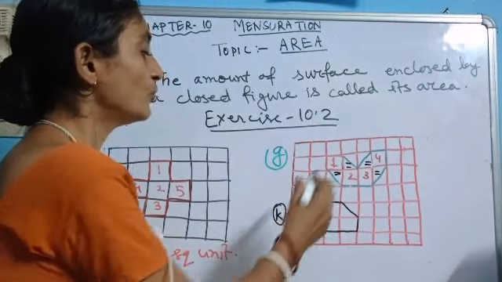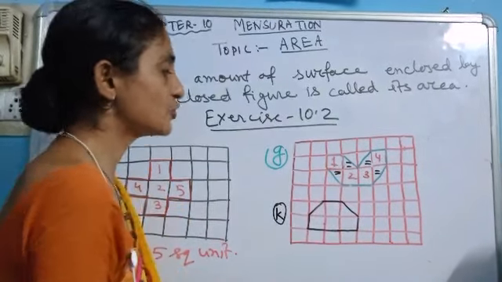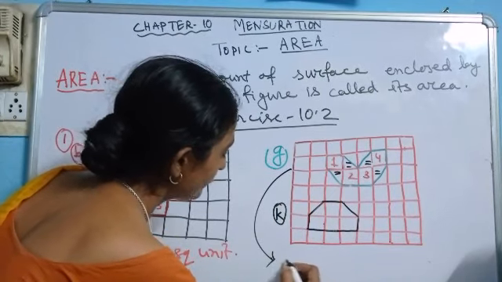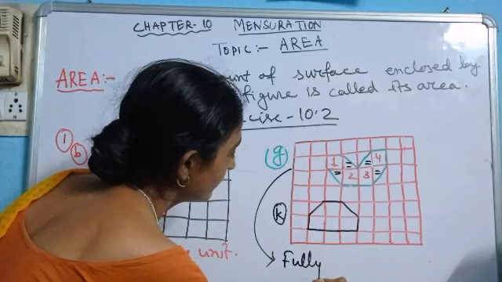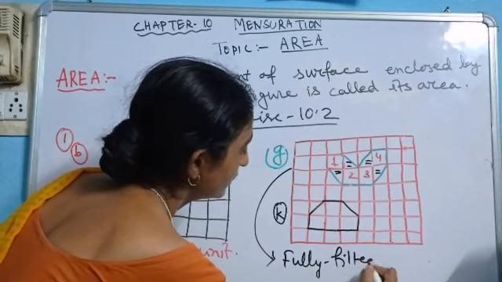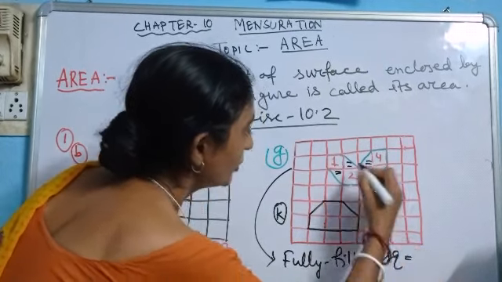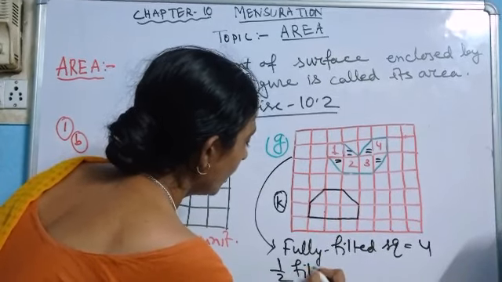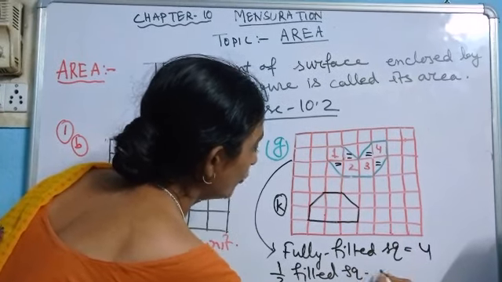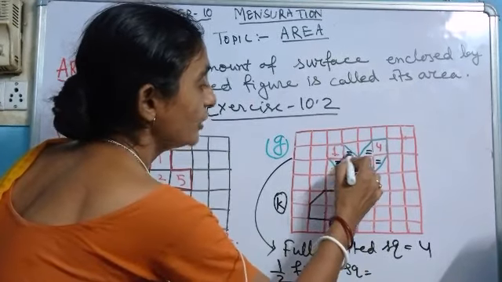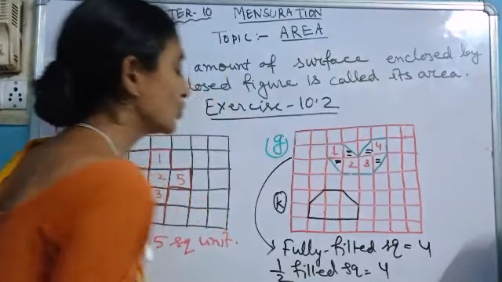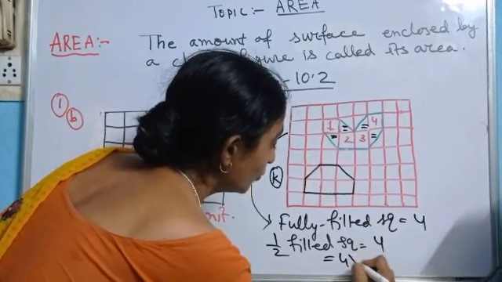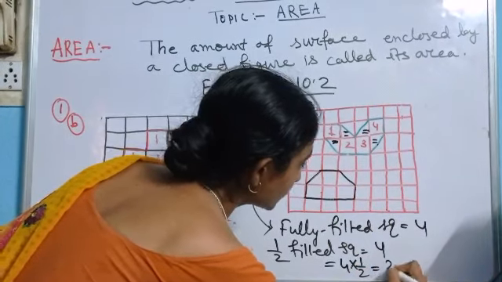So what to do? First we take all the filled squares. How many fully filled squares have we got? We have got 4. And half-filled squares, how many? 1, 2, 3, 4, that is also 4. So 4 halves, 4 into half, stands for 2.